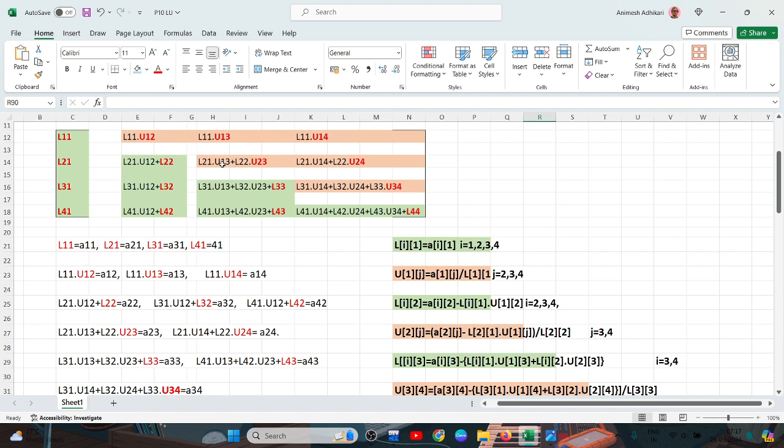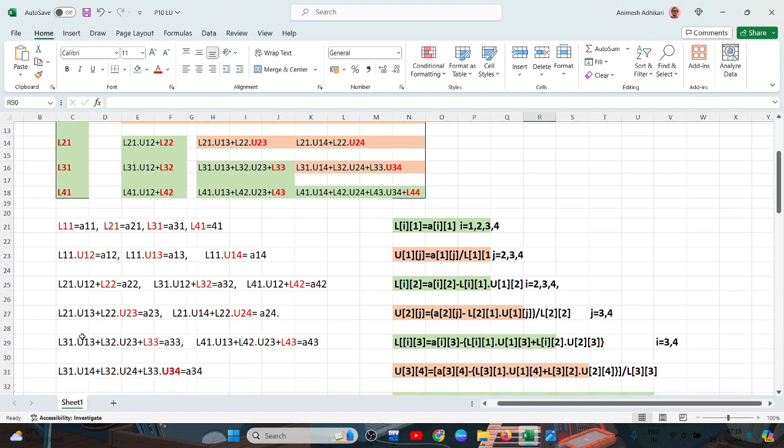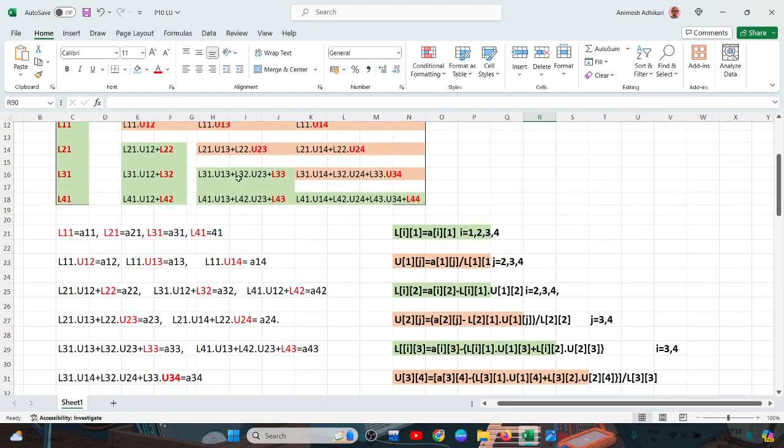From part of the second row we get U23 and U24: L21 U13 plus L22 U23 equal to A23, and L21 U14 plus L22 U24 equal to A24. So U2j equal to A2j minus L21 into U1j, whole divided by L22, when j equal to 3 and 4.